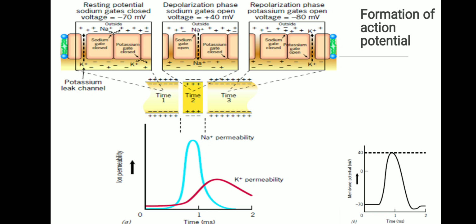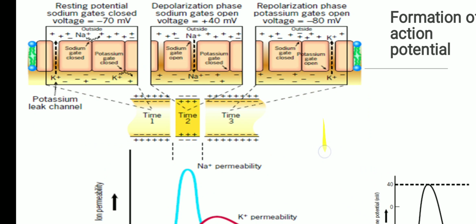Increase in the voltage beyond the threshold causes voltage gated sodium channels to open up, resulting in the free diffusion of sodium into the cell, as you can see in the diagram, down its concentration and electrical gradient until the membrane reaches a voltage of plus 40 millivolts.